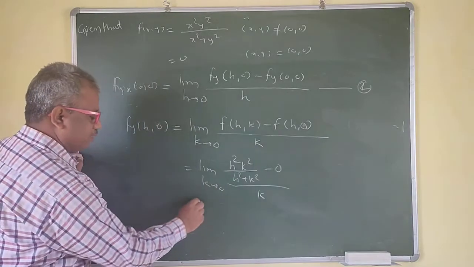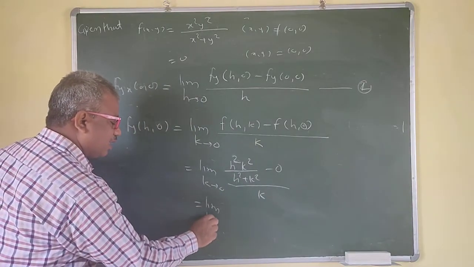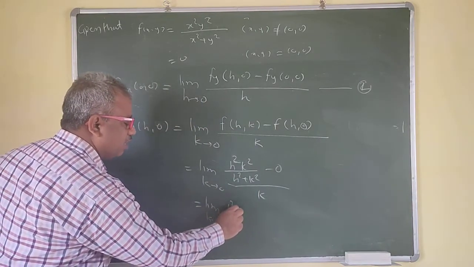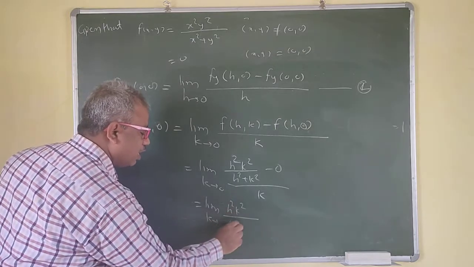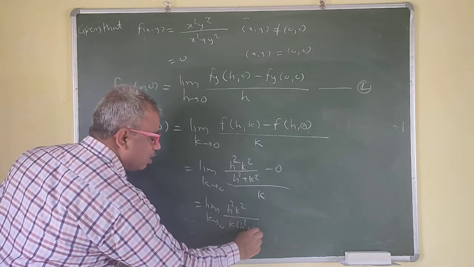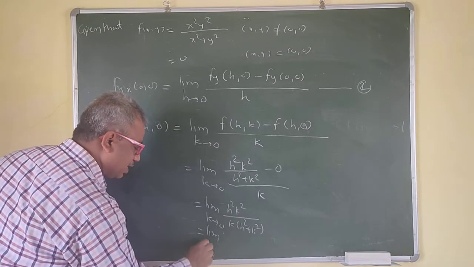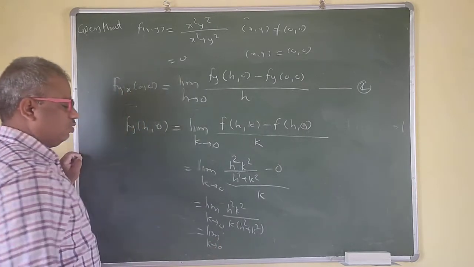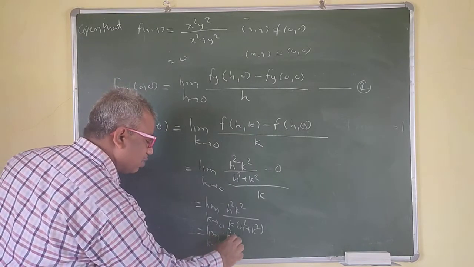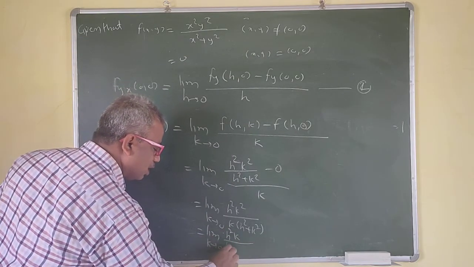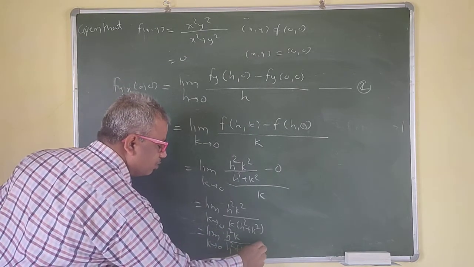Now k will be here, so this is the limit as k tends to 0 of h square k square upon k into (h square plus k square). Now k gets cancelled, so this is the limit as k tends to 0 of h square k upon h square plus k square.